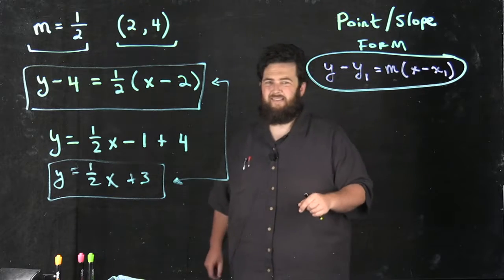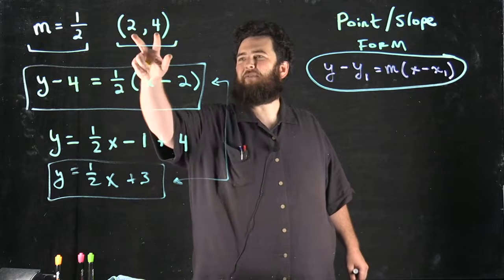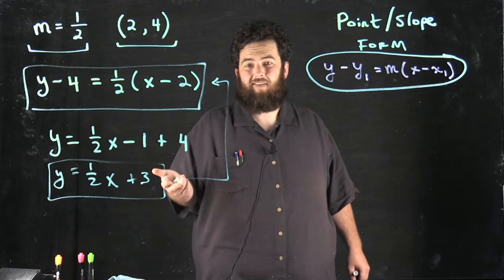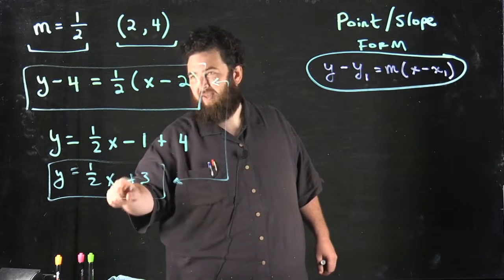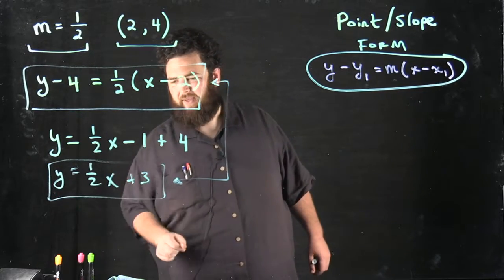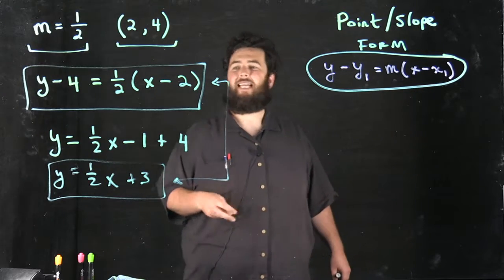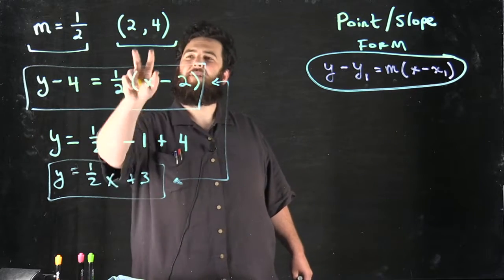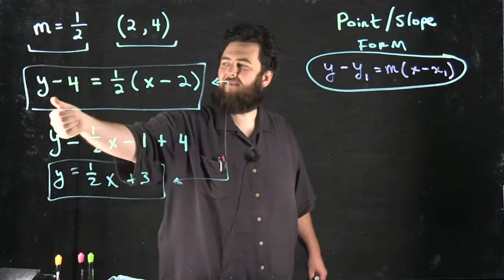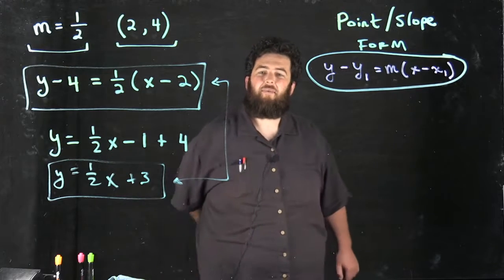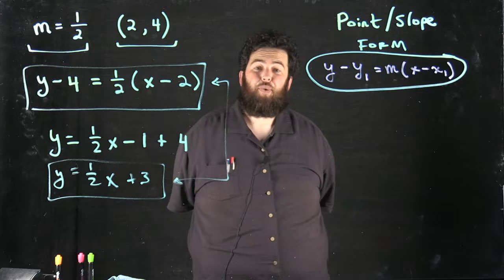The thing is, this line doesn't necessarily tell you that (2, 4) lies on it unless you check. You could plug in the x coordinate here and the y coordinate here, and you would find that it makes the equation true. And that's precisely what happens here. If we plug in (2, 4), the coordinates for x and y here, we will get a true statement.